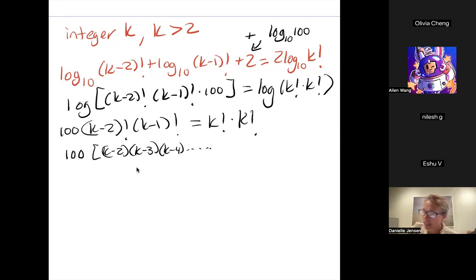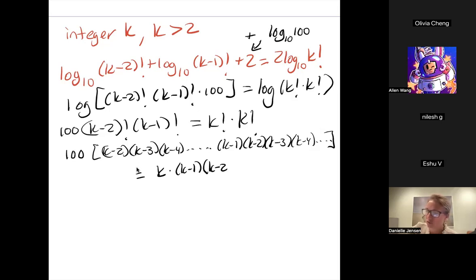And then k minus 1 factorial is k minus 1, k minus 2, k minus 3, k minus 4, and so on. And so that's the left side. But then the right side, k factorial is k times k minus 1, k minus 2, k minus 3, so on. And then the same thing over again.